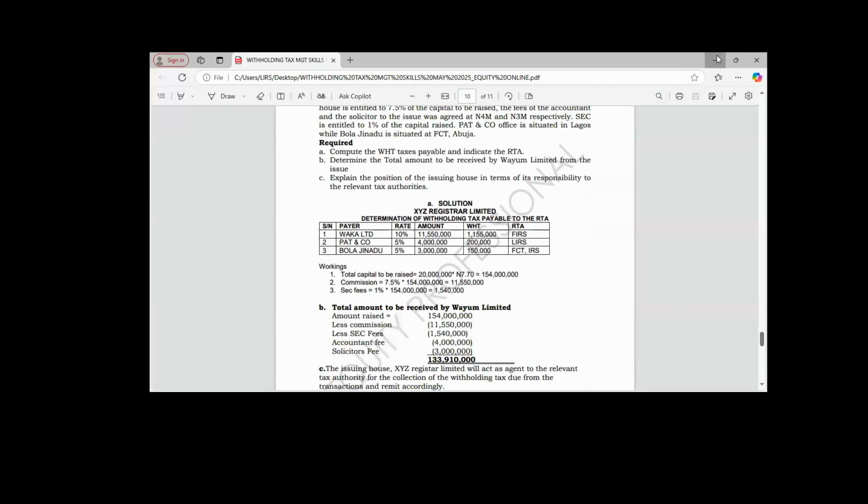Let me upload our normal sheet. A part is asking us for computation.